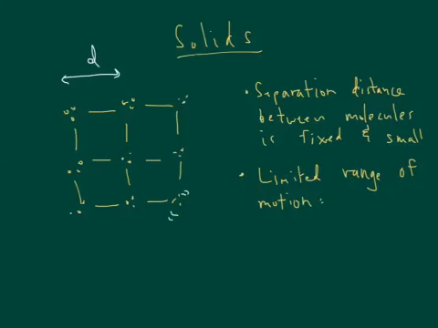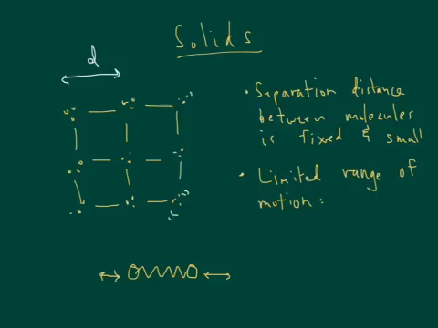If you imagine that each molecule is kind of like two styrofoam balls attached by a spring, if you stretch the spring out by pulling on the molecules, and then you let go, then they'll sort of vibrate back and forth. That's the kind of vibrational motion that these molecules can undergo.